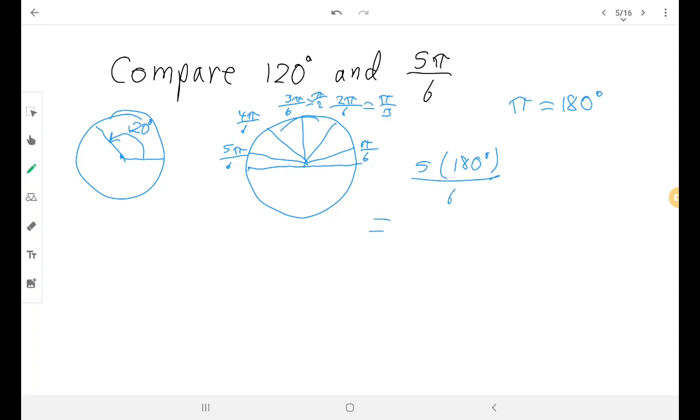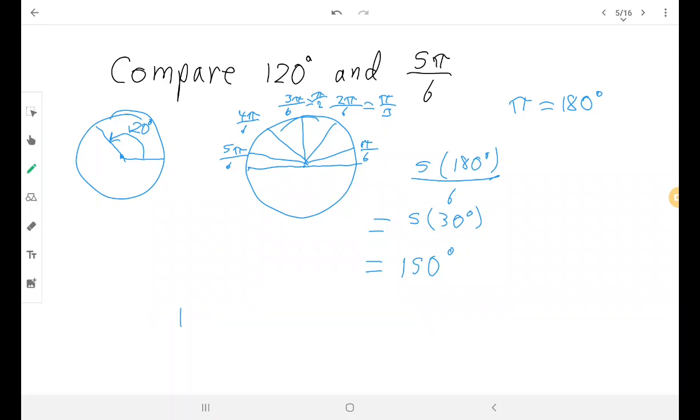And let's convert that to degrees. Let me focus on 180 over 6, because 18 divided by 6 is 3, so 180 divided by 6 is 30. So this is 5 times 30 degrees, not over 6, because I've divided by 6 now. And then 5 times 30 is 150.